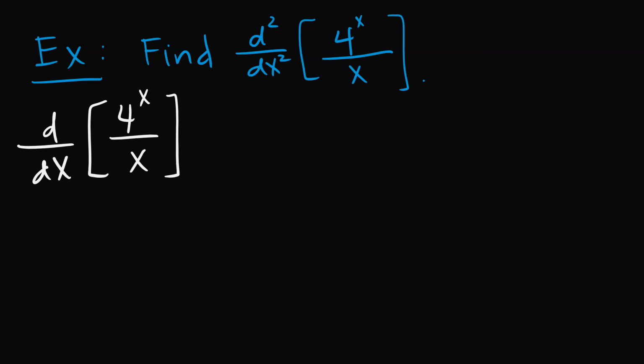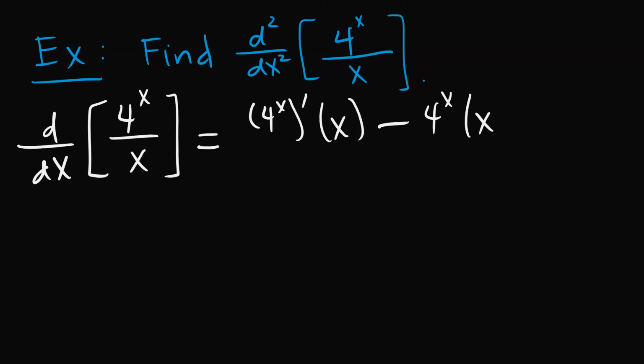The numerator is an exponential function, the denominator is a polynomial, but overall it's a quotient of two functions, so we use the quotient rule. So we have the derivative of the numerator times the denominator minus the numerator times the derivative of the denominator, all over the denominator squared.